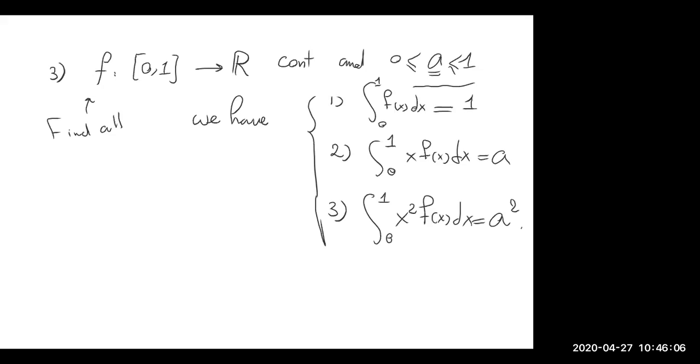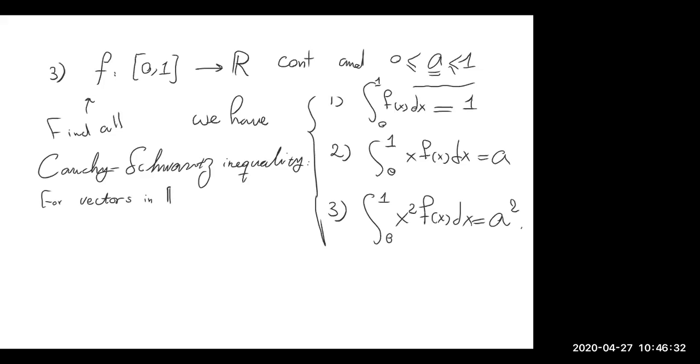Let's recall a very important inequality, the Cauchy-Schwarz inequality. For vectors in a Euclidean space like Rn, the Cauchy-Schwarz inequality says if you have two vectors u and v, their inner product u dot v is less or equal than the norm of u times the norm of v.